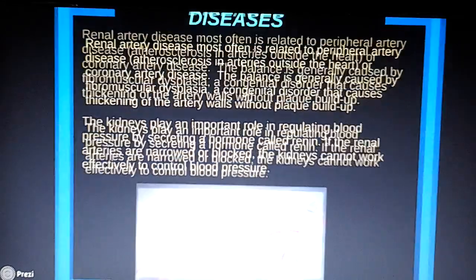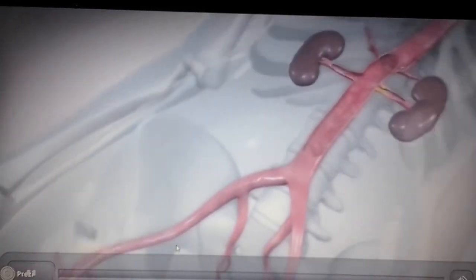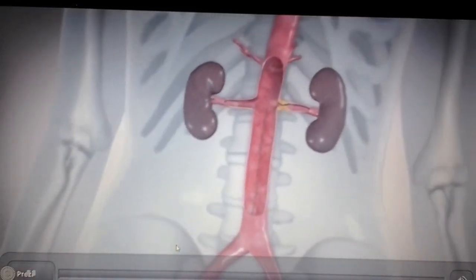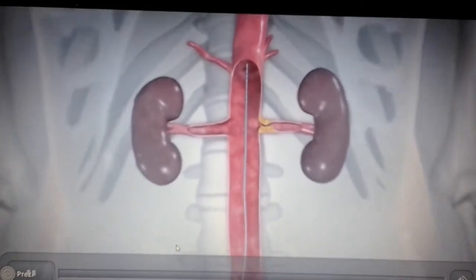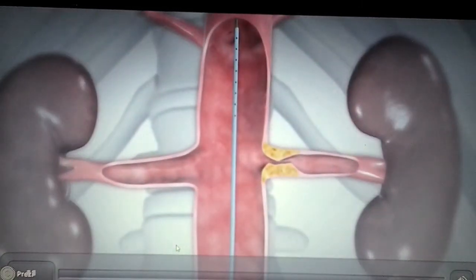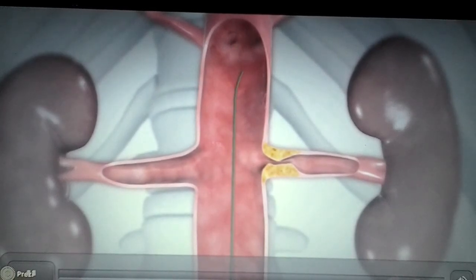Surgical treatment. With the development of new and improved types of stents, angioplasty with stenting is the preferred treatment for renal artery disease. But in certain cases, surgical treatment may be necessary to restore blood flow to the kidney and preserve kidney function.